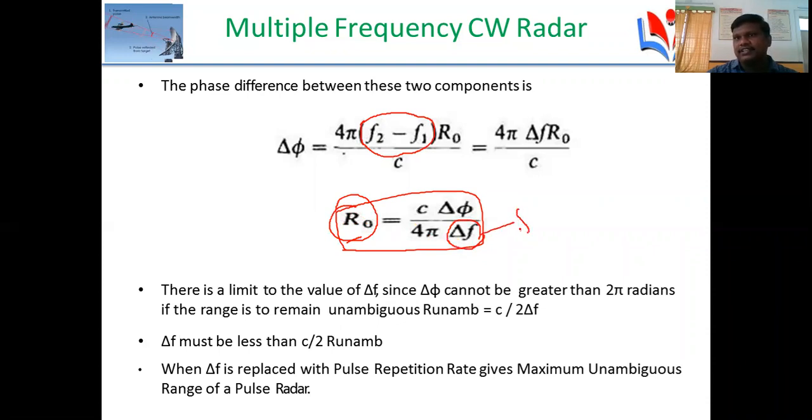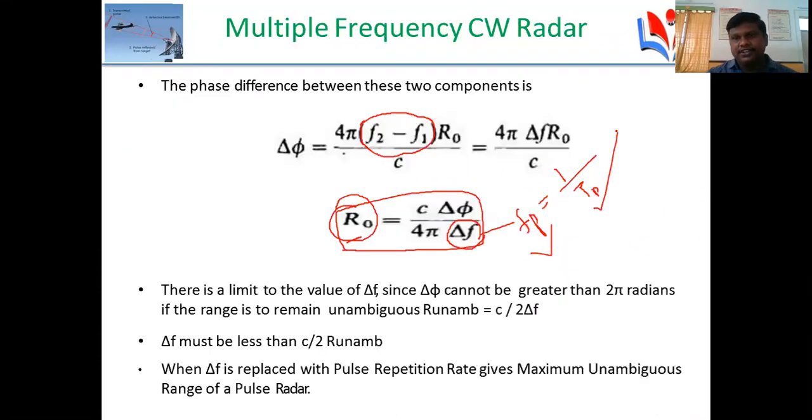What is FP? FP is nothing but the pulse repetition frequency, that is 1 by TP. TP is the time taken by the pulse to travel from the radar to the object and from the object back to the radar. So pulse repetition frequency FP, pulse time period TP.